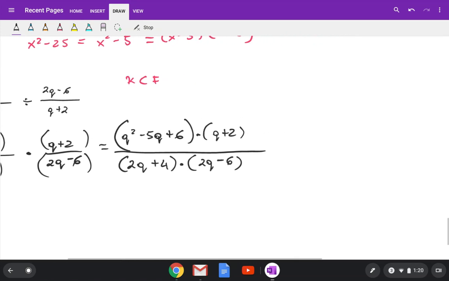And now to simplify, you need to factor out each of the expressions in the parentheses. So let me start with factoring q squared minus 5q plus 6.